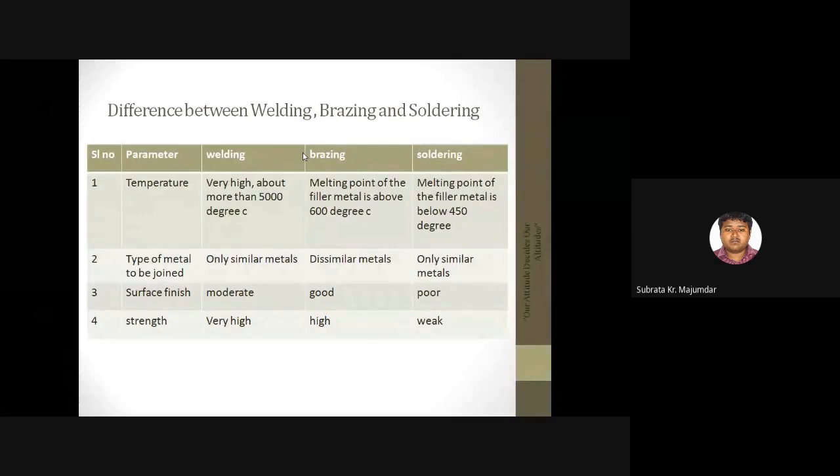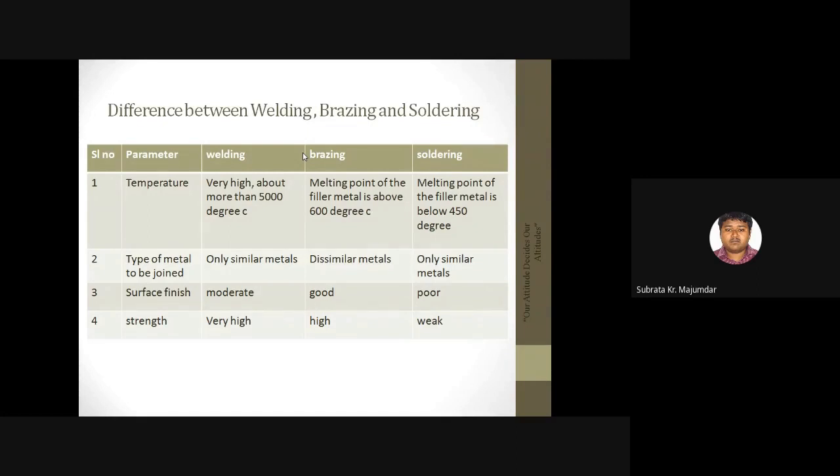That's why it is mentioned as moderate. It depends on which type of welding is chosen. But in every case, if we compare these three, brazing always gives a better surface finish quality than welding and soldering.